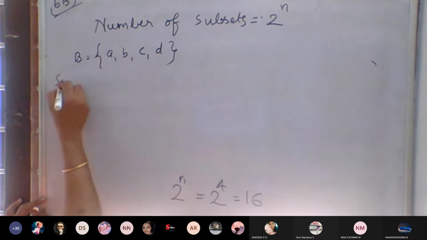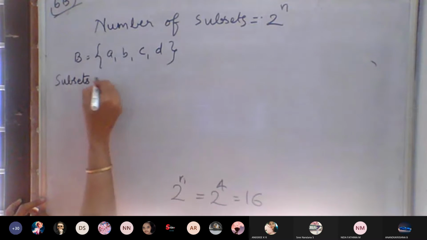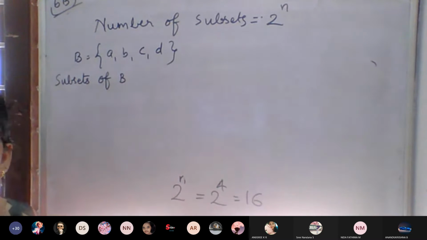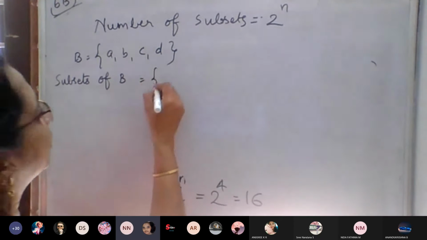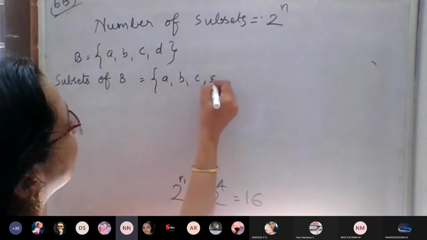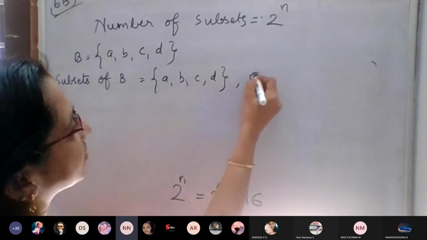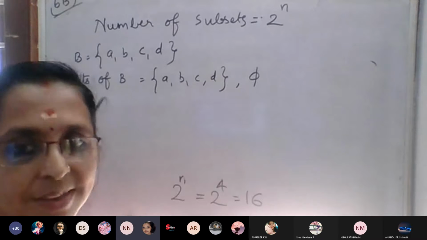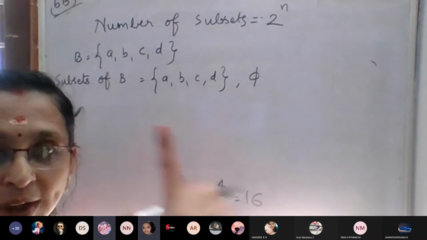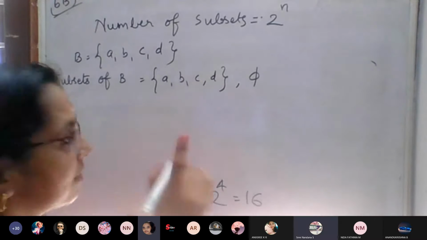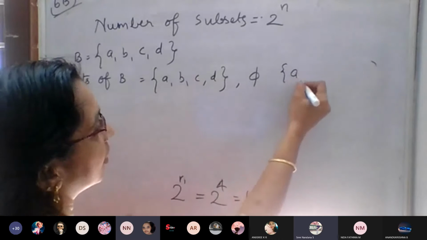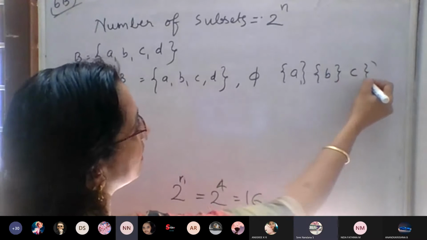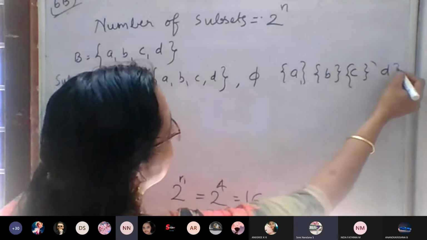Subsets of B will be: set {A, B, C, D}, the null set, set {A}, set {B}, set {C}, set {D}.